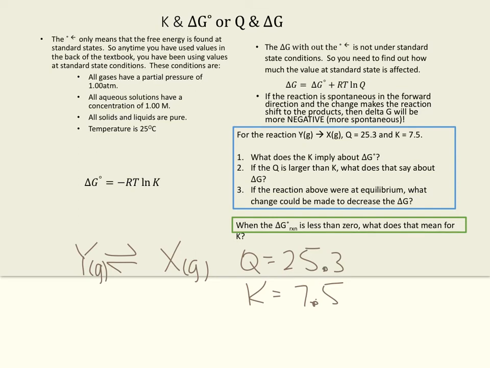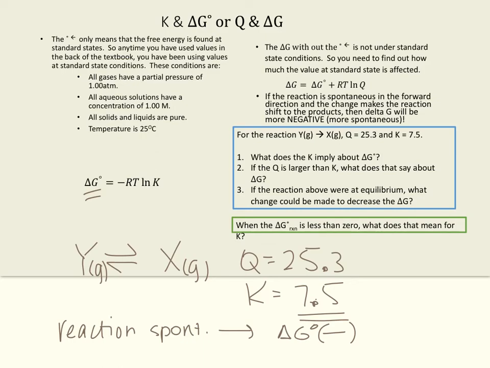If we have a positive K, then that means we're going to end up with a negative delta G. And so that means that this reaction is spontaneous in the forward direction. And so delta G naught would be negative.